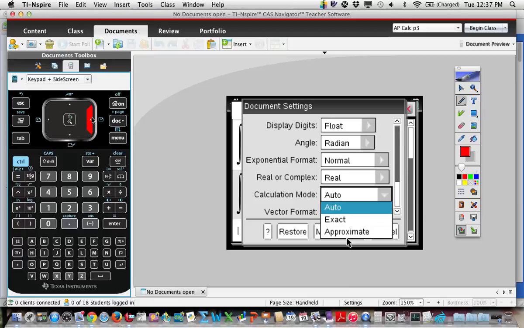So like if I type in square root of 8 on this calculator and hit enter, I get a decimal. If we do square root of 8 on our calculator, what do we get?